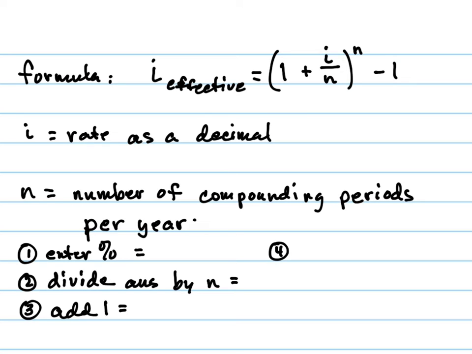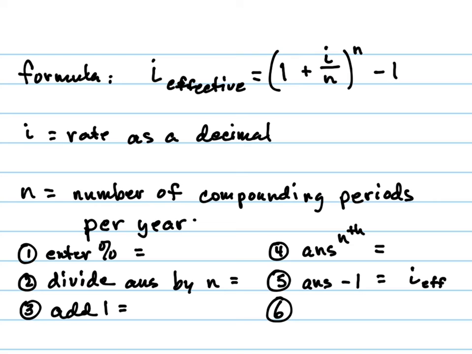Okay? Raise your answer to the nth power. And we've looked at the keystrokes for that, so you can use your calculator for that. And then finally, and again, after each piece, do equals. Then take your answer, minus 1, and then hit equals. Now there's one final step, because remember, you're going to get I effective. And I effective is going to be a decimal. But when you're answering a question, interest rates are usually generally talked about as percentages.